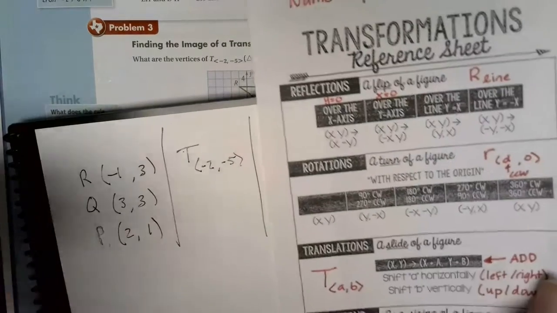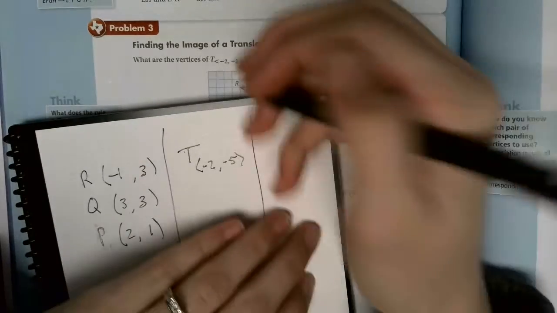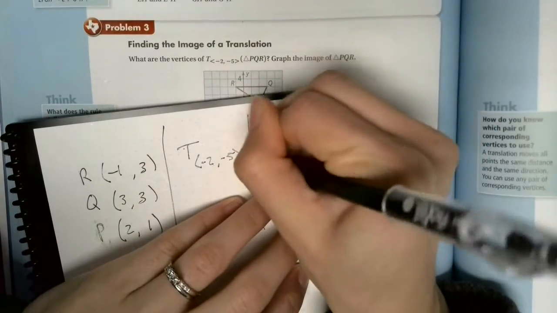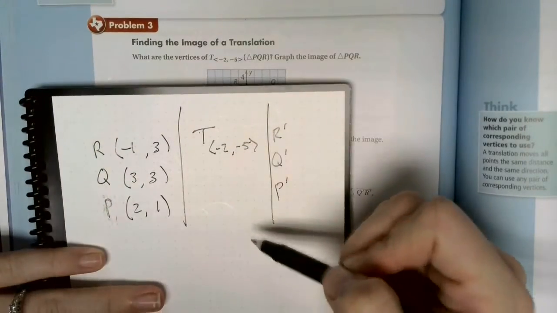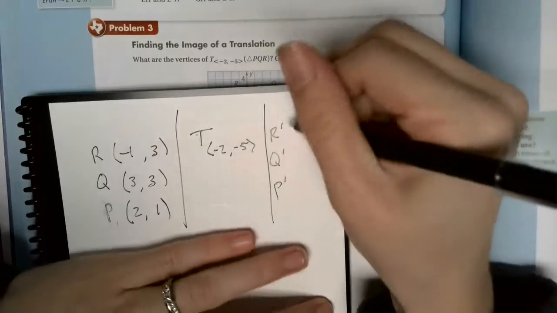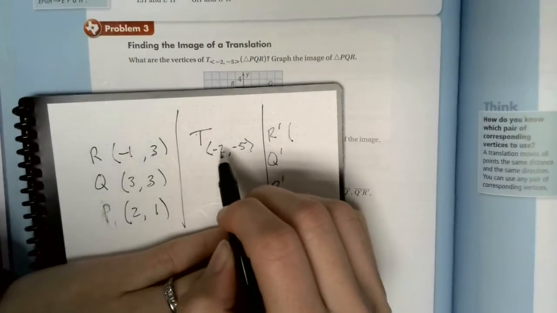And according to my transformation reference sheet, all I have to do is add, okay? And then I'm going to get R prime, Q prime, and P prime. I like writing it out in the column format. I highly recommend it, especially for showing your work. So now I just add the A value to the x's, and the B value to the y's.